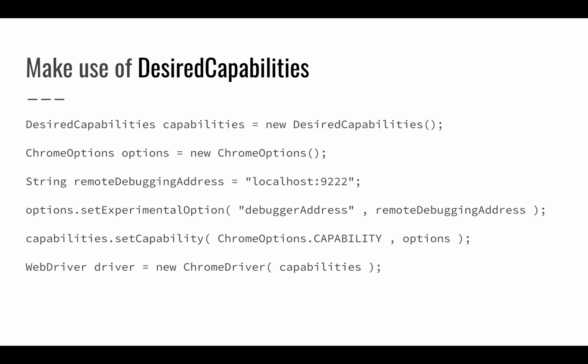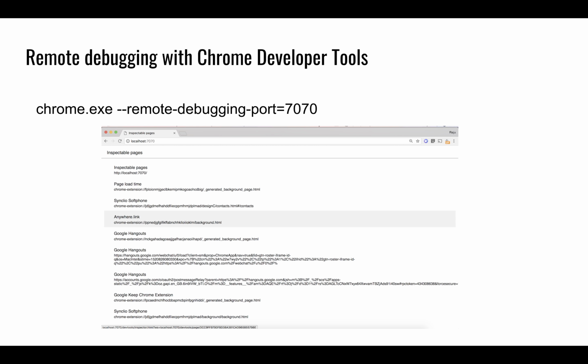Electron is a combination of Chromium and Node.js. This gave us a path to automate Electron. The same way as you started Chrome, you can start your Electron application on the remote debugging port. The same line you can use.